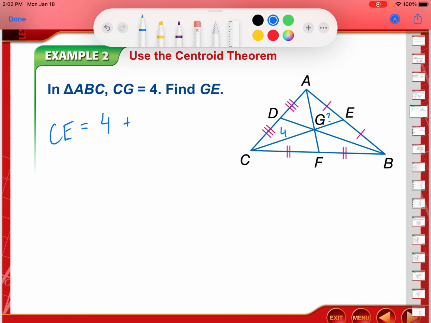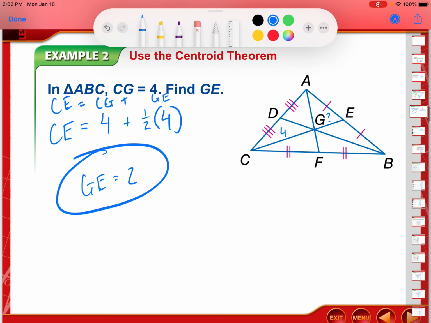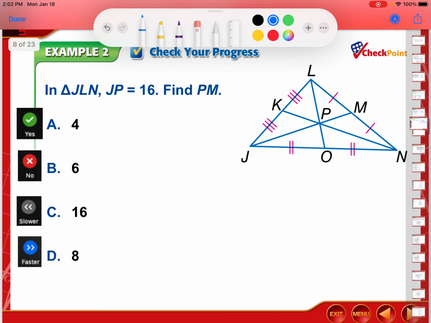I know CG equals 4, and then I know GE is going to be half of 4. So I would then know GE, label that GE, and then this one's going to be CG. So GE, I know would end up being 2. And then CE would be 6 if we really wanted to find that, but they didn't ask us to, so we don't have to.